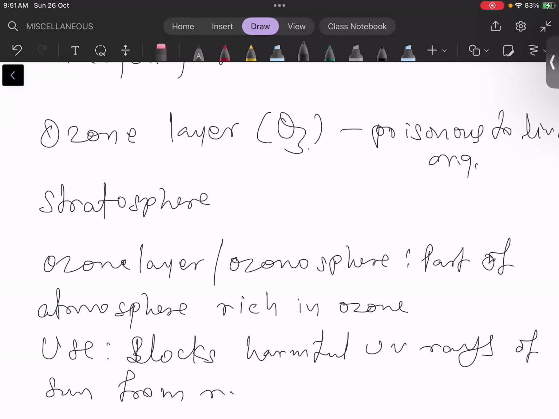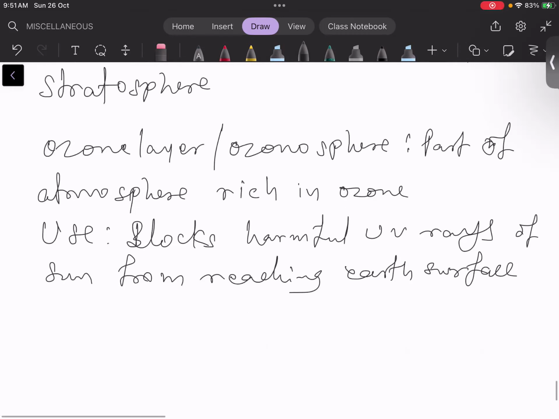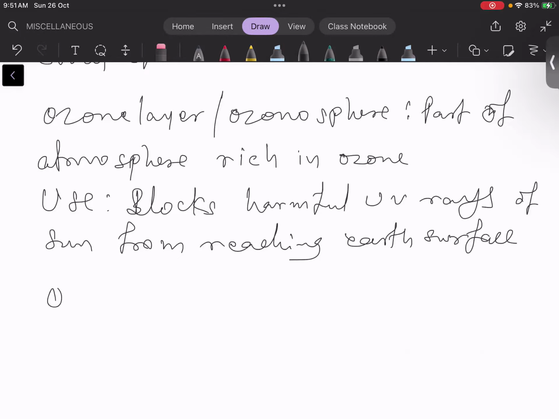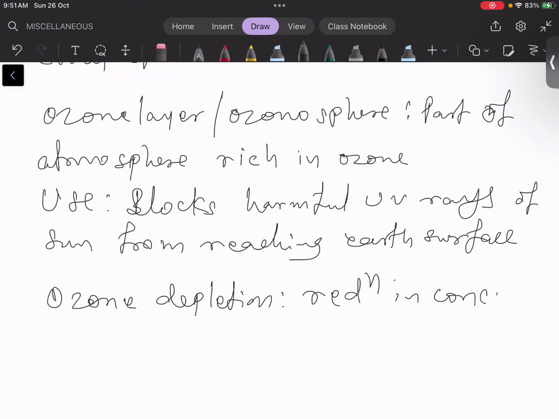Then ozone depletion. Depletion of ozone is the reduction in concentration of the O3 layer. That is called ozone layer depletion.